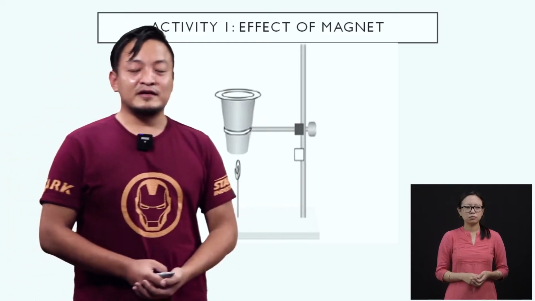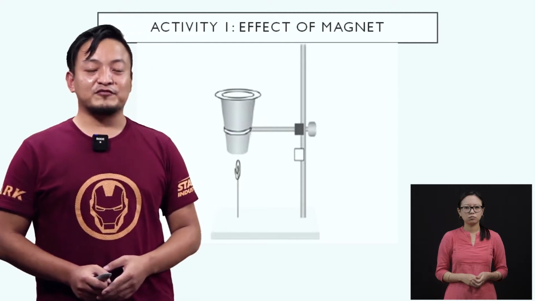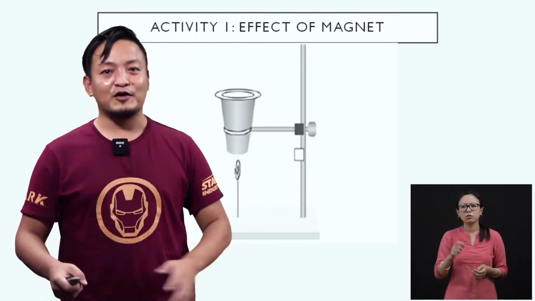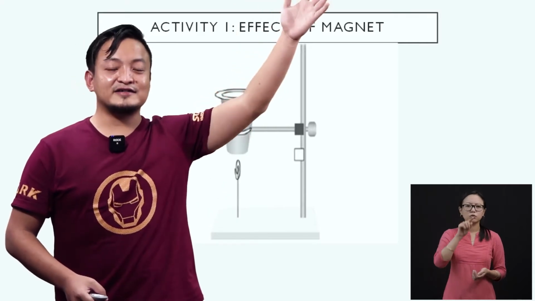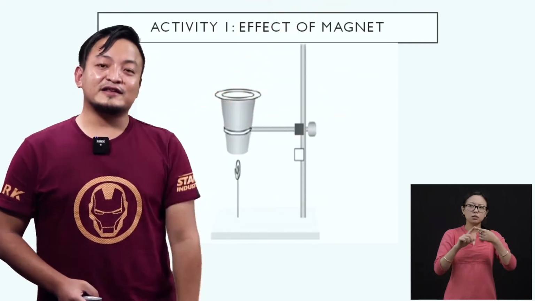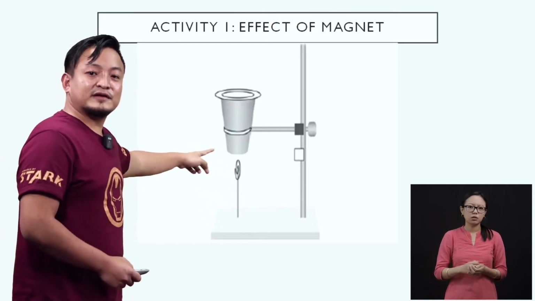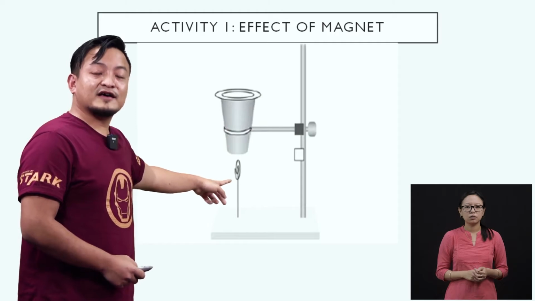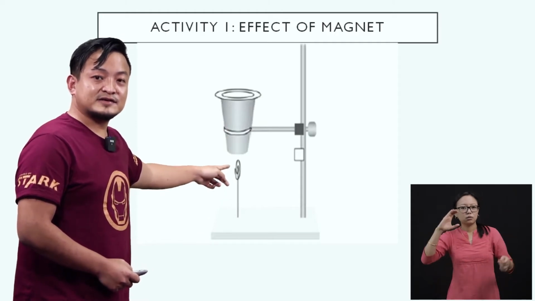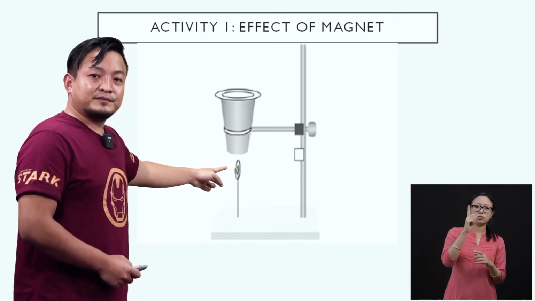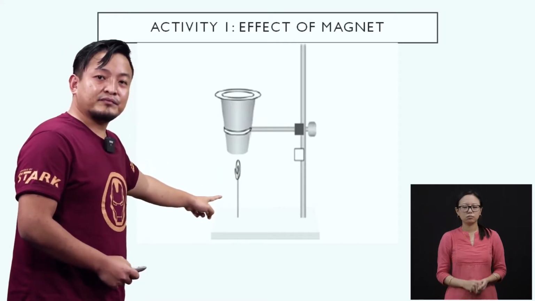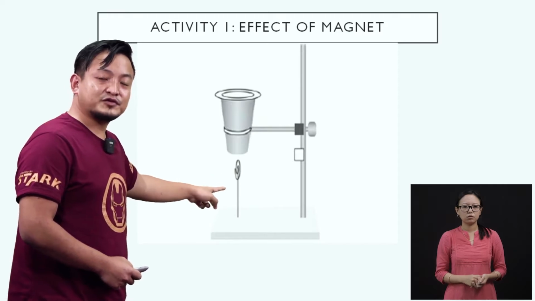Now students, here we are going to see the effects of magnet. I'm sure you have seen a kite, K-I-T-E, and how it flies. Just like that, inside this cup we have a magnet, and we have tied the paper clip with a thread.